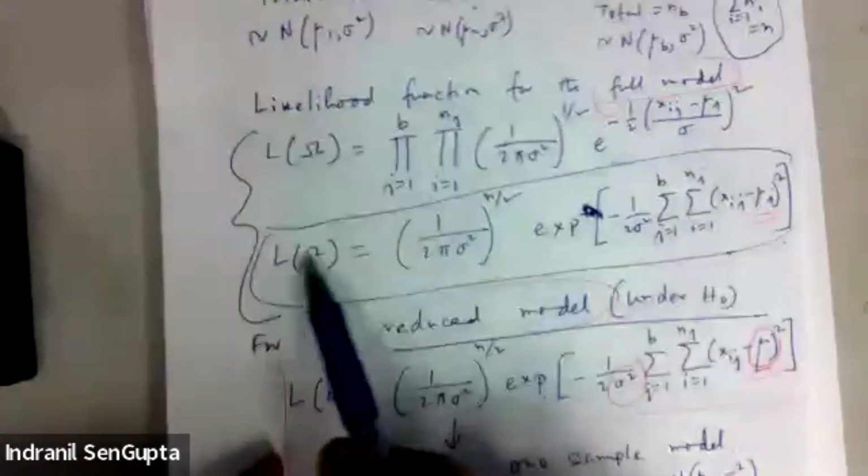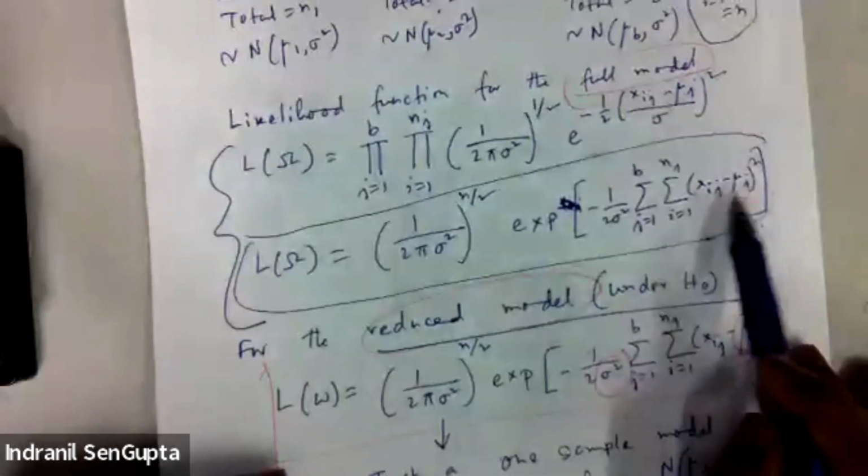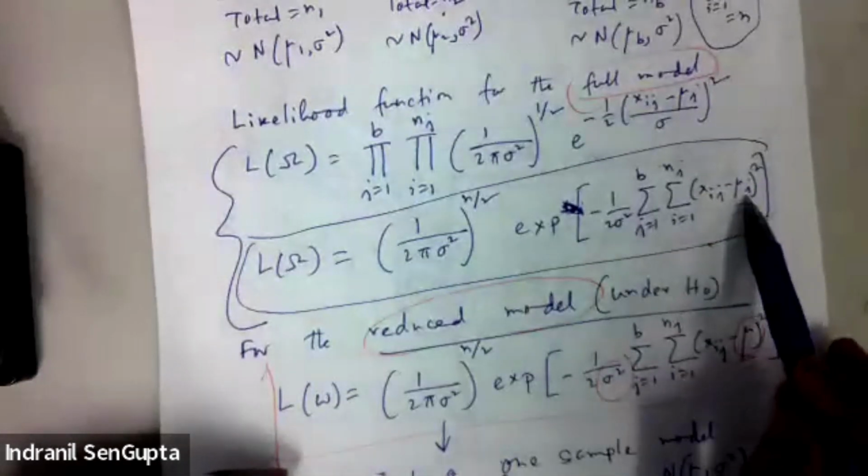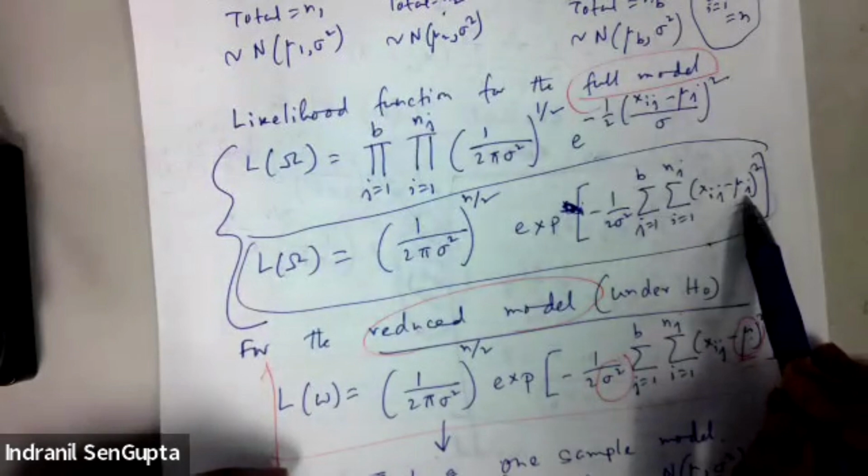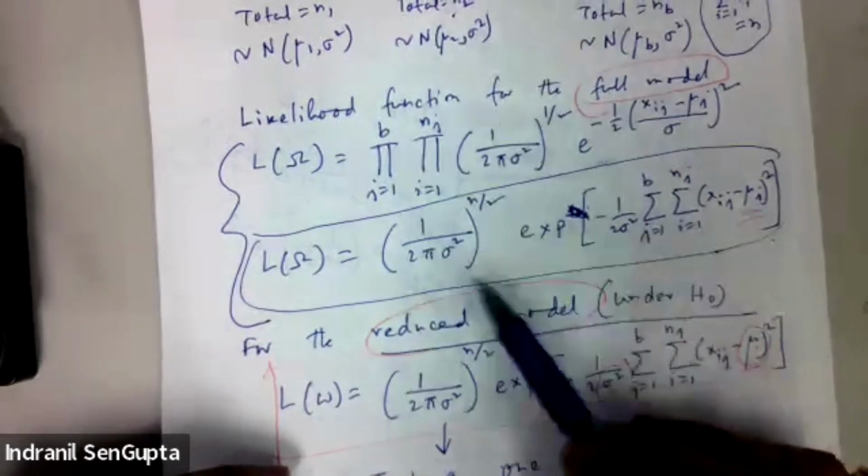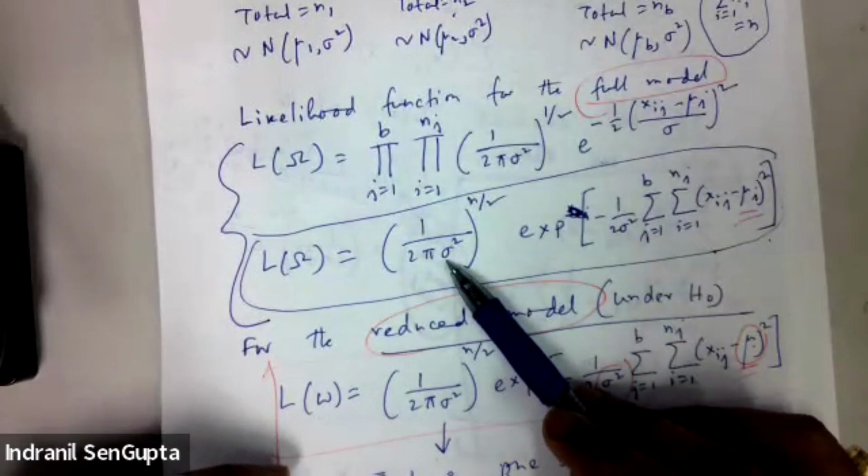So this was the L omega, the full model. What we are doing is replacing mu by the quantity that we found, and sigma squared by the quantity that we just computed.